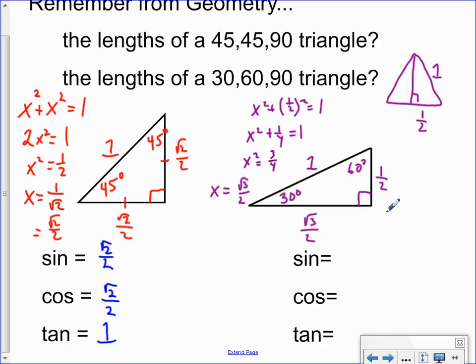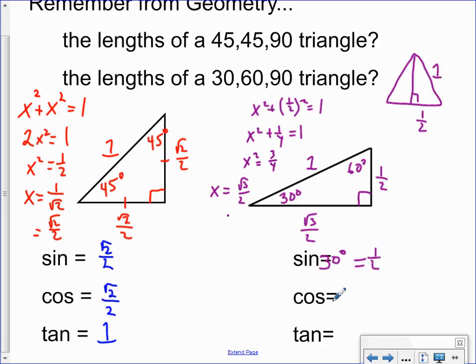Okay, here we go. In this case, the sine, I should say, because there are different ones. The sine at 30 degrees is going to be the y. There's a difference between sine 30 and sine 60. The sine at 30 degrees is 1/2.